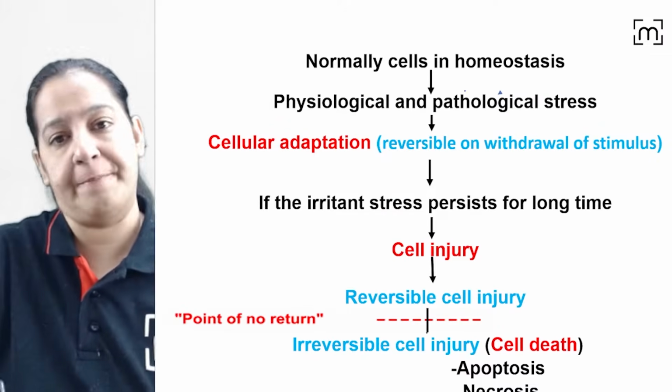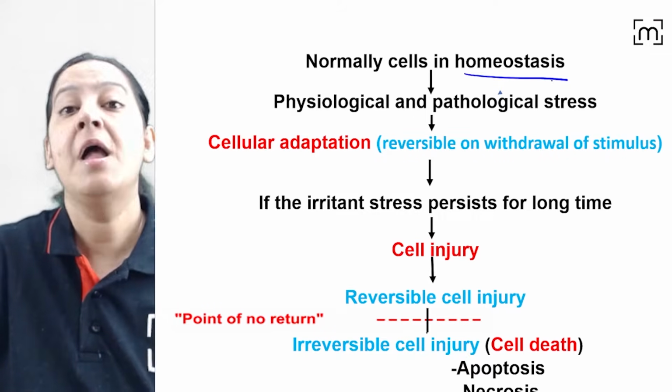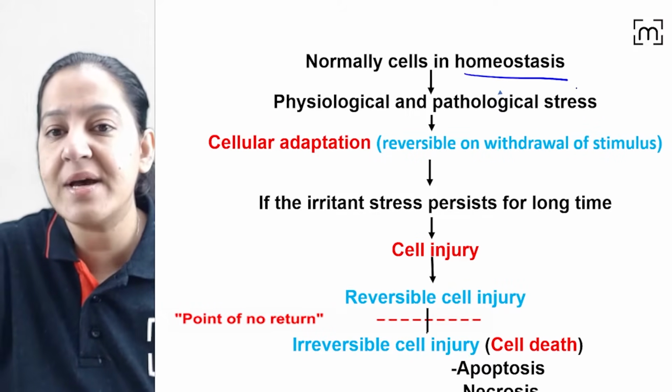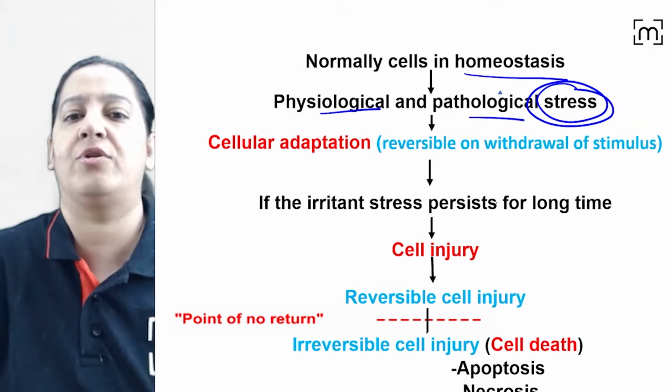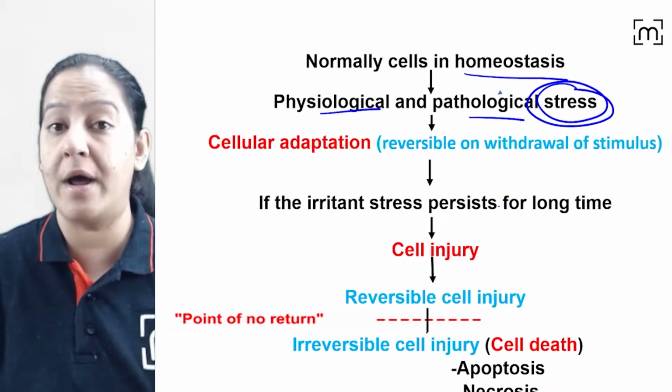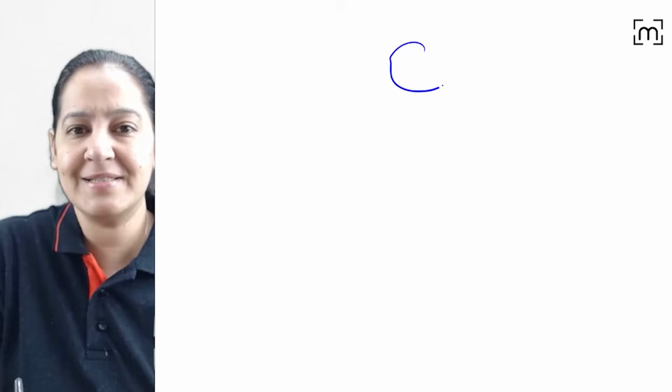Usually the cells are in homeostasis, but whenever any stress acts on the cell, now stress may be physiological or pathological, 3 things will happen one by one. Let me draw the 3 things for you. You can see this is a cell.